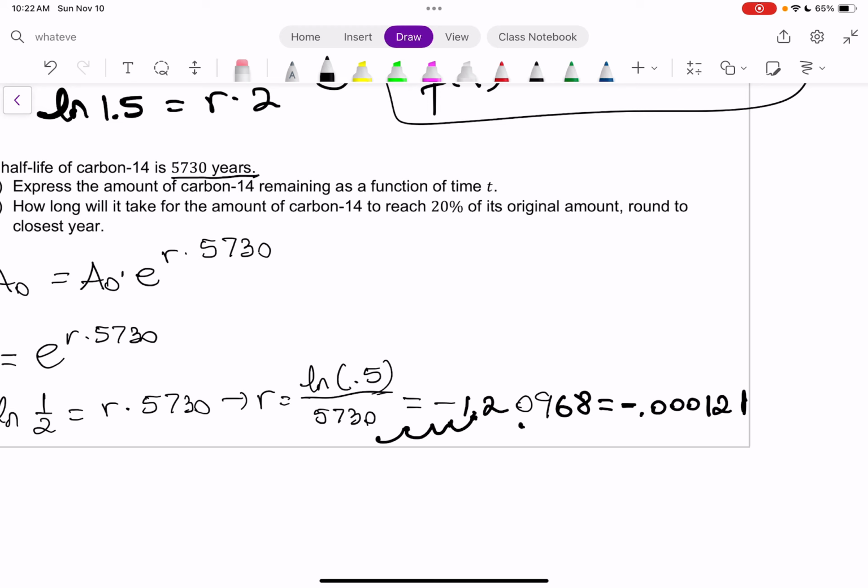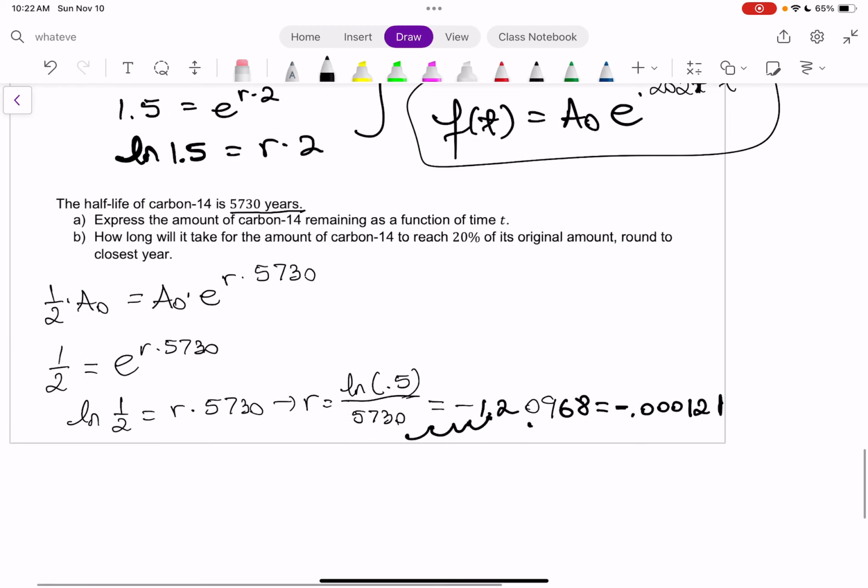There's quite a lot of decimals there, but carbon-14 is a chemical compound that decays very, very slowly, as you see. This is not big. It's almost nothing. But it's still decaying, so there's still quite a lot of quantity left after millions of years. So we use carbon-14 dating to find the age of fossils, because they will still have some left millions of years later.